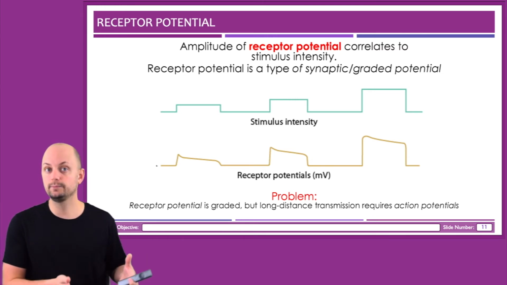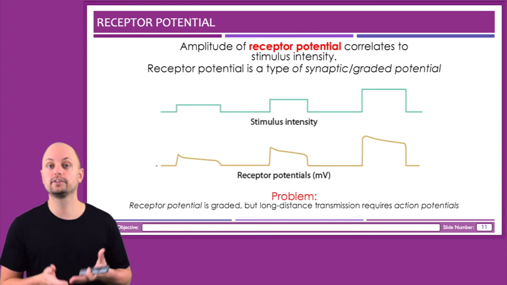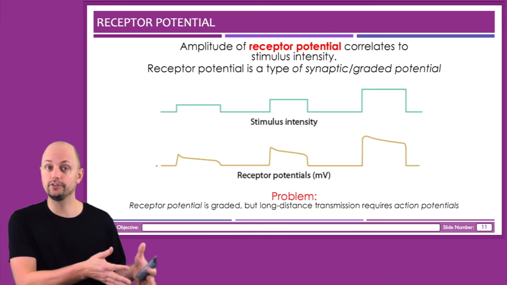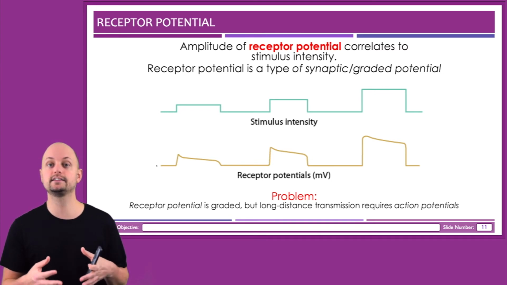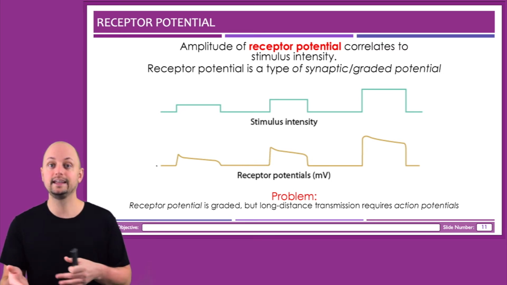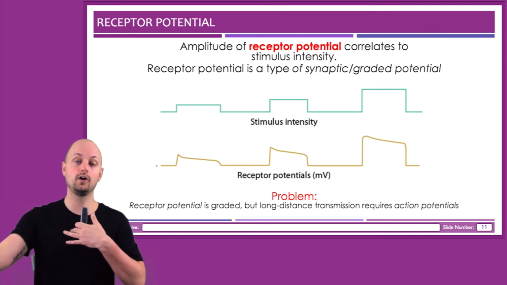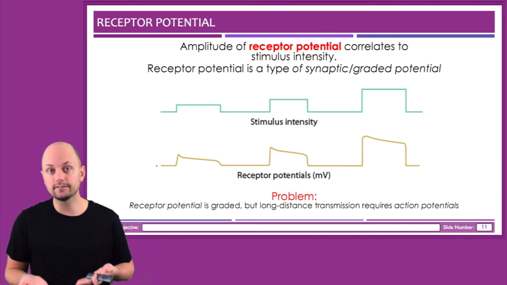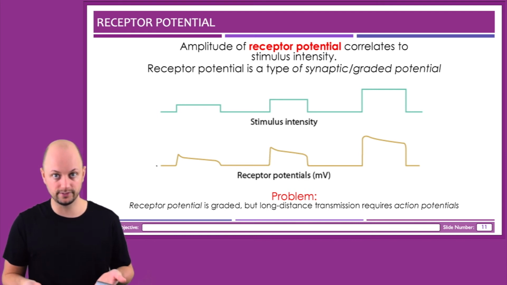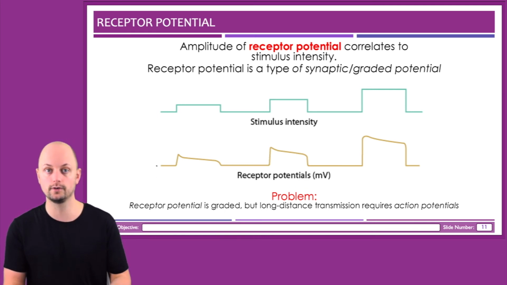So following the same pattern as before, the receptor potential that develops in the dendrites travels to the axon hillock, and that initiates the action potential. And it's the action potential that's going to travel that great distance all along the axon to bring the message into the central nervous system, again, into the spinal cord.